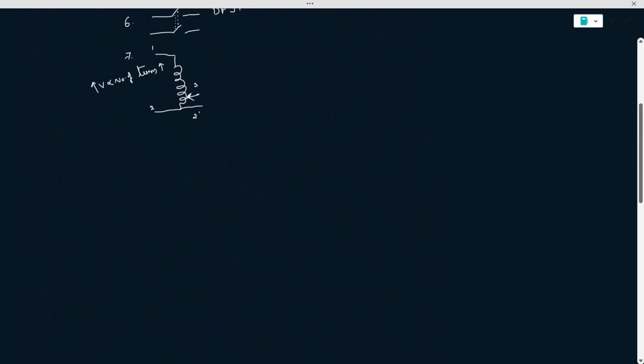So the first one I'm considering is the KCL and KVL experiment. This is a very, very basic experiment in electrical engineering. So I can call this a basic experiment.